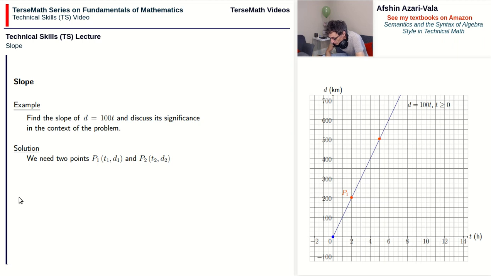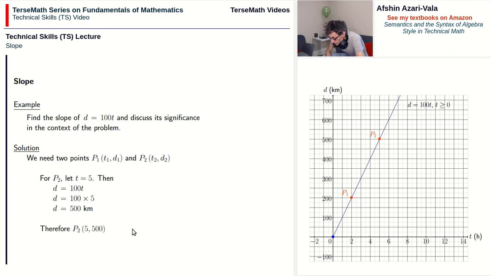And this other point will be at t equals 5, and that point will be here. And at t equals 5, of course, we have d is equal to 500. But of course, we can use the equation to get an exact value to be certain. So d is equal to 100t, and with t being 5, we end up with 100 times 5, and d becomes 500 kilometers.